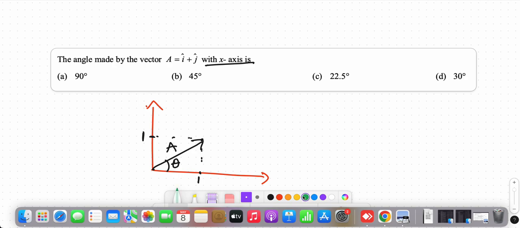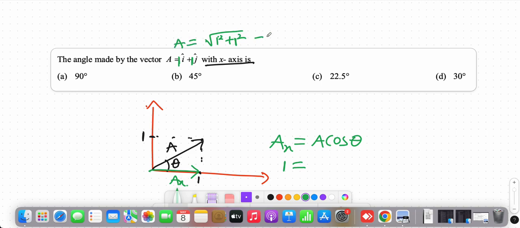Now we know that this component is Ax, which is A cos theta. In this particular case, Ax is 1, Ay is 1. So Ax is 1 and the magnitude of A is the square root of Ax square plus Ay square, that is root 2.